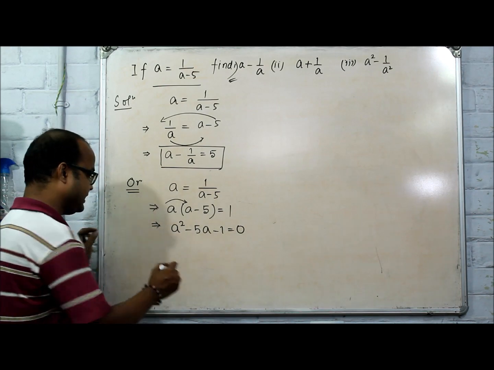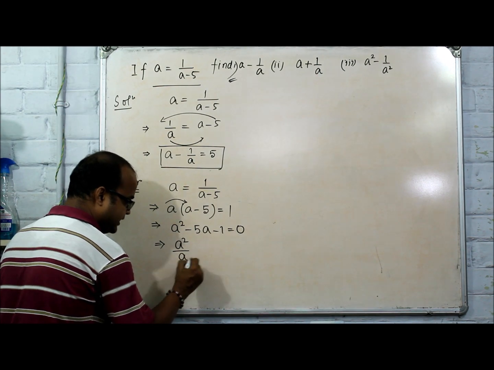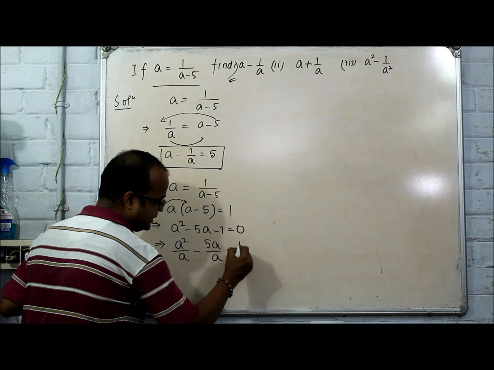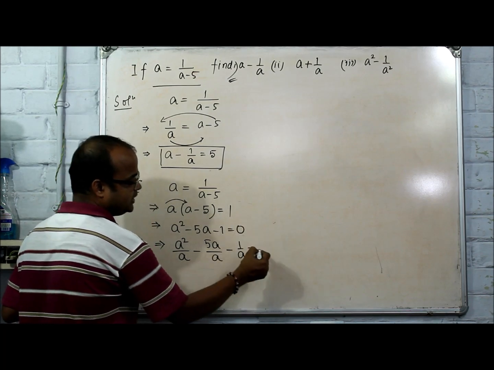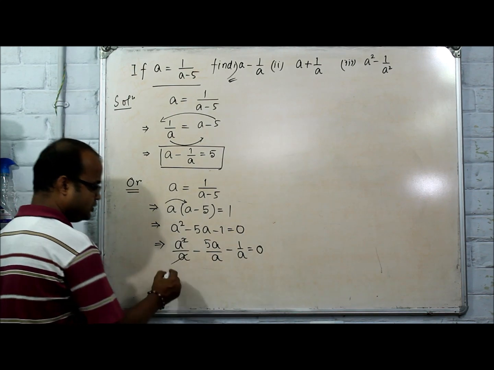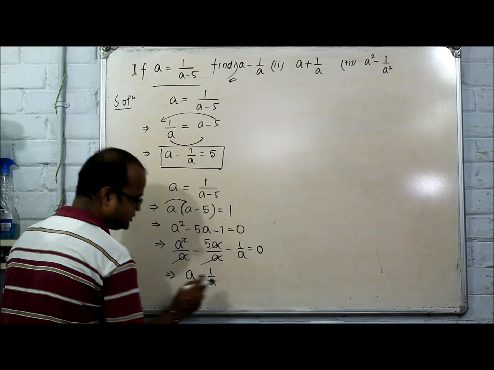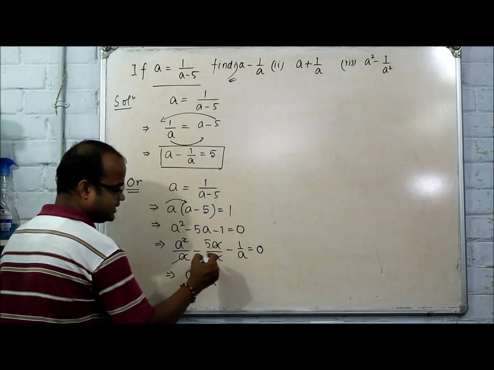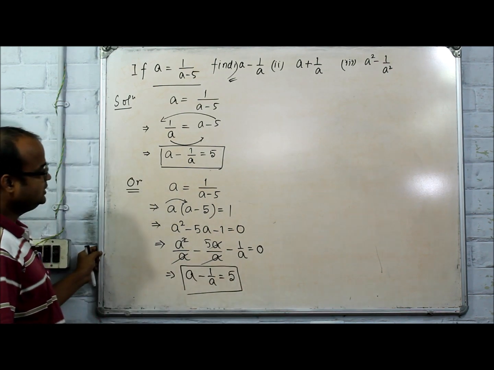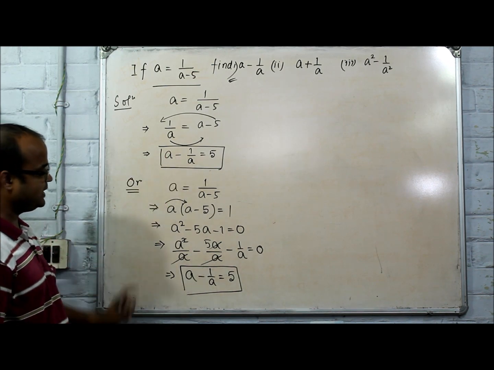Dividing both sides by a and applying term by term division, you get a square by a minus 5a by a minus 1 by a is equal to 0 by a, that means 0. So a square by a gives a, these two will get cancelled. I am writing this term first, minus 1 by a, and you will get minus 5. When you change the side, it will become plus 5. See, in either way, you can find out a minus 1 by a.